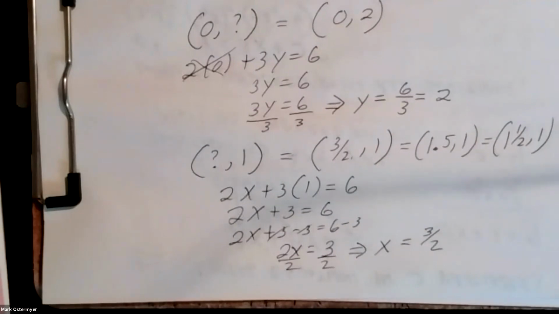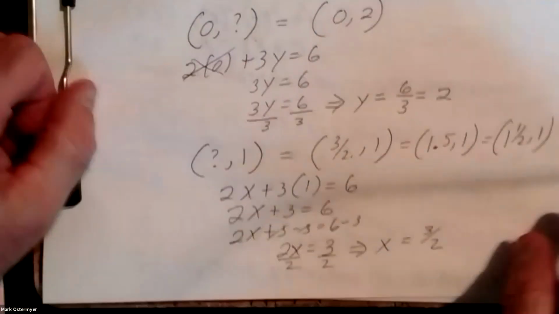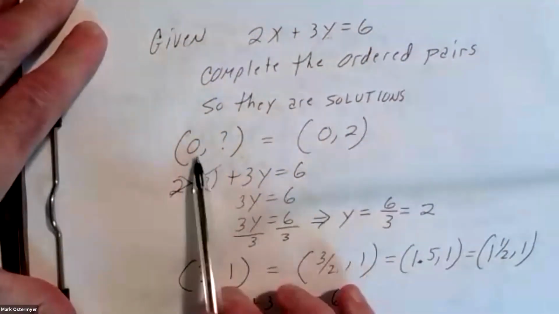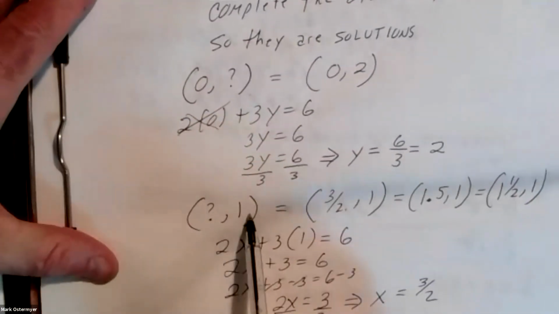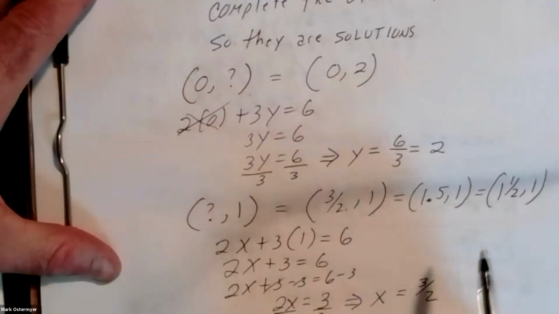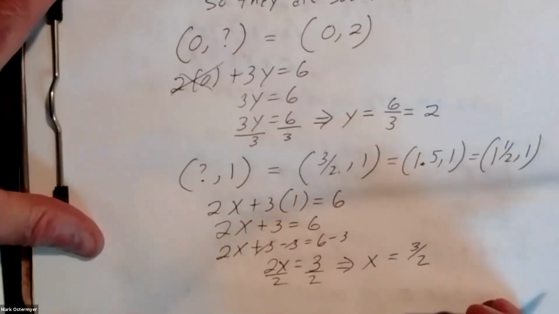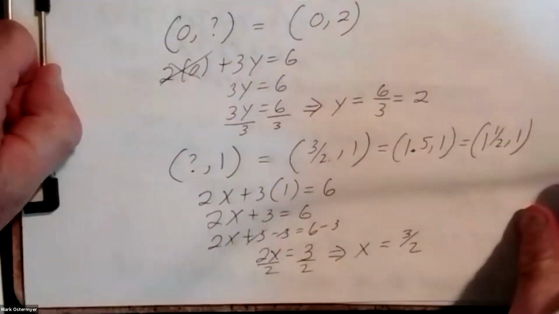All right. Let's see here. So if I give you a linear equation and I give you a partially completed ordered pair solution to that equation, would you be able to find the missing coordinate? You can do that. Find the missing coordinate.